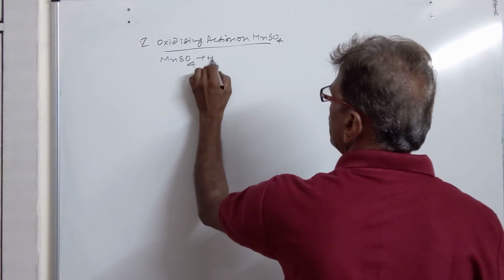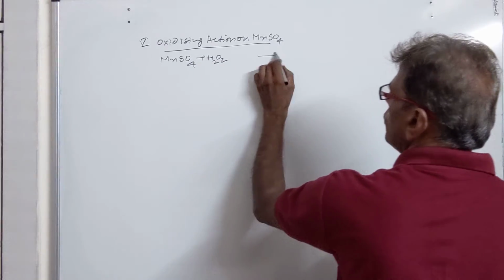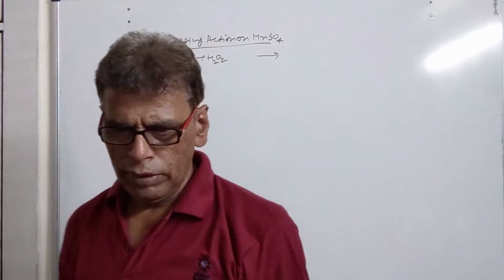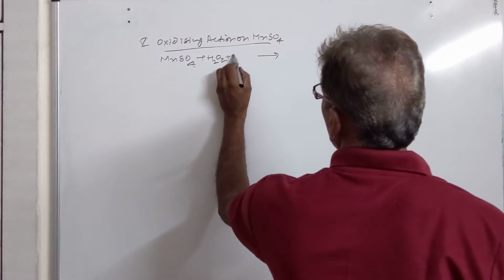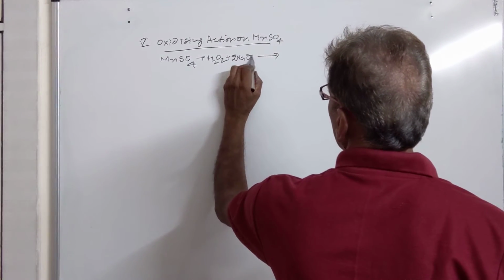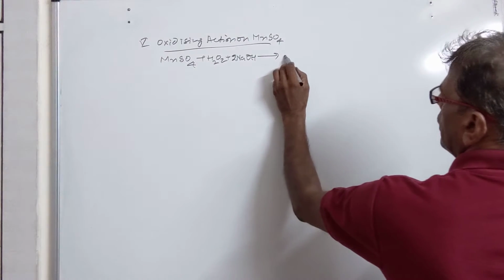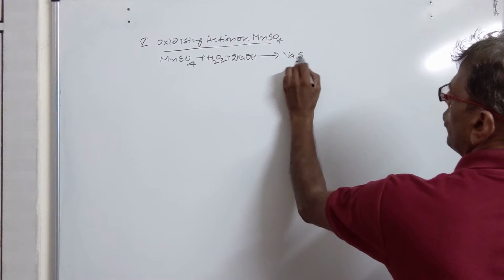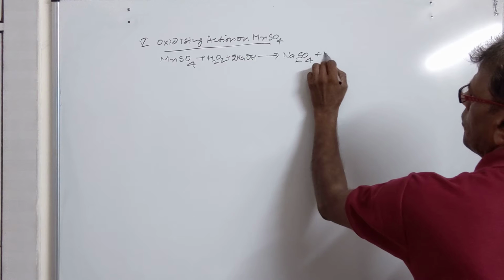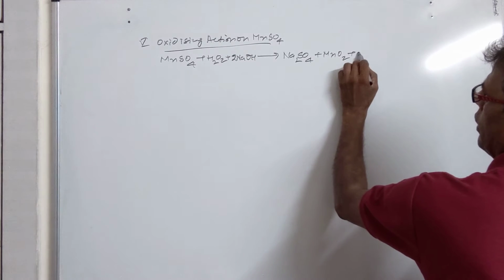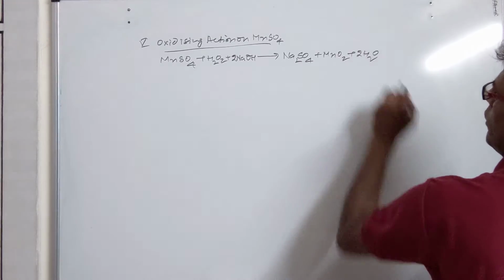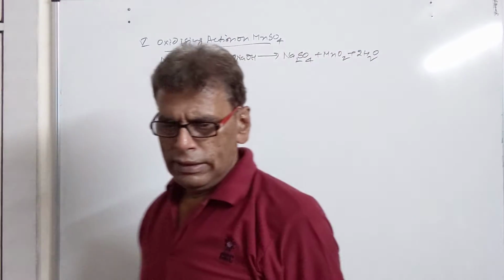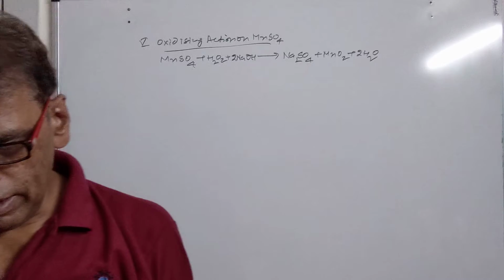MnSO4 combines with H2O2. So we have the reaction MnSO4 plus H2O2 in the basic medium plus 2NaOH. You will get here Na2SO4 plus MnO2 plus 2H2O. So this oxidizing action is done in the alkaline medium.